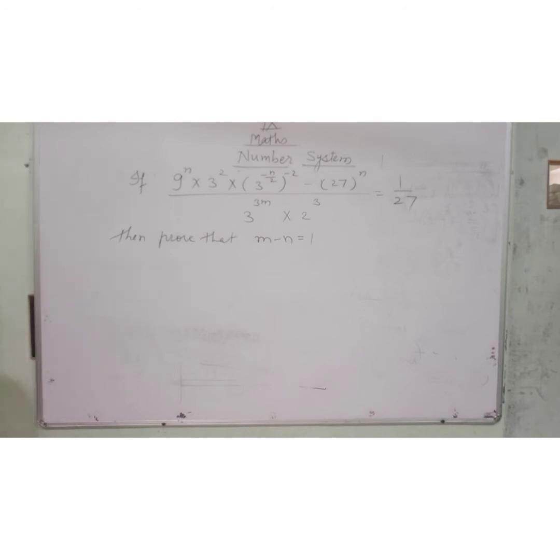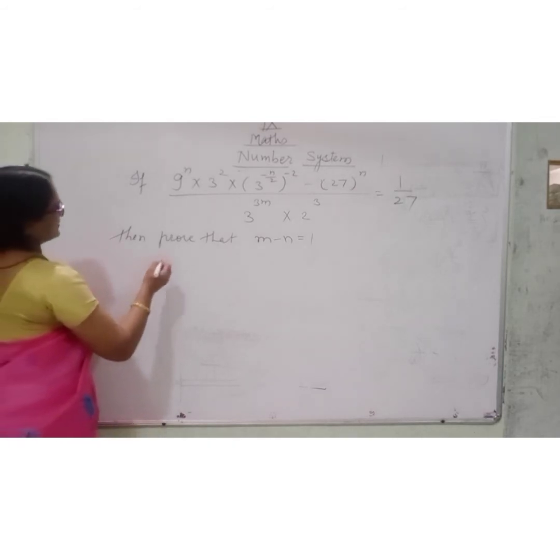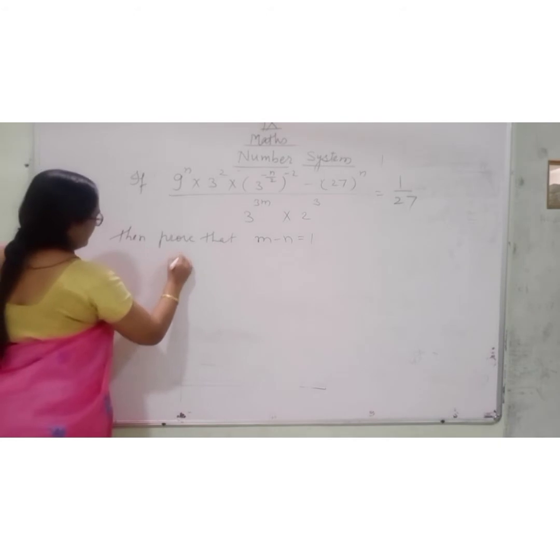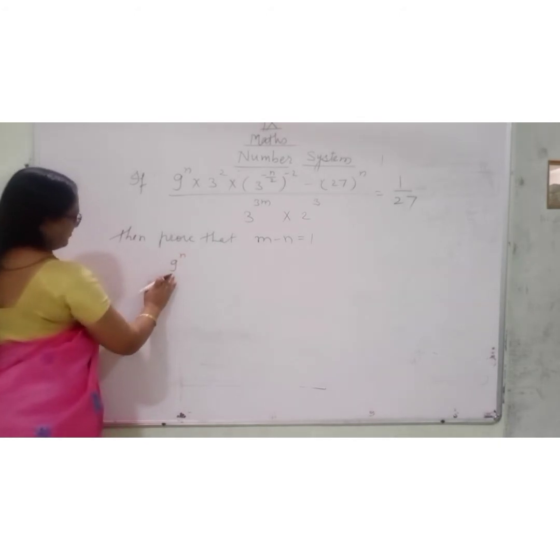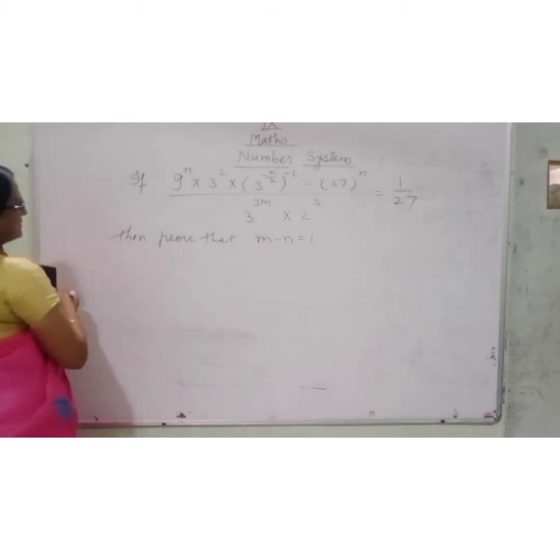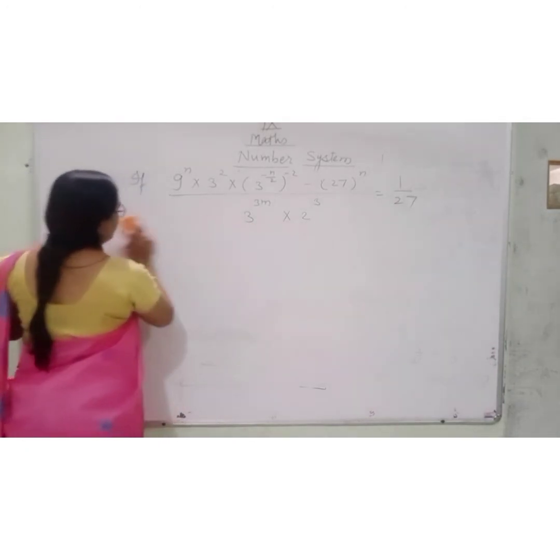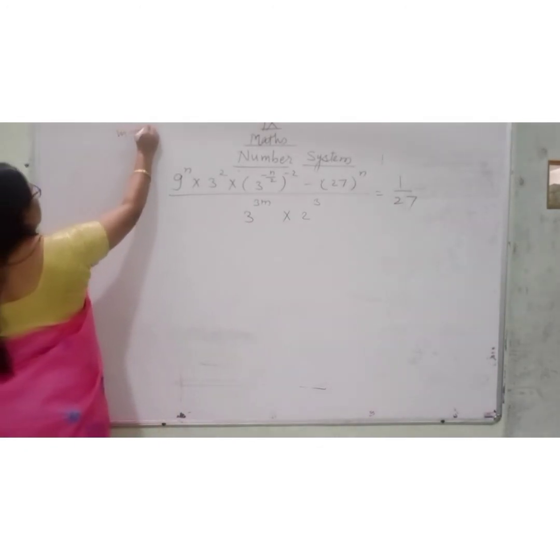Okay. So first thing, what is 9 raised to the power n? 9 is the power of 3. So I can write this, prove that m minus n is equal to 1.